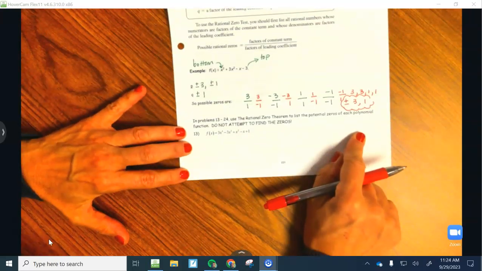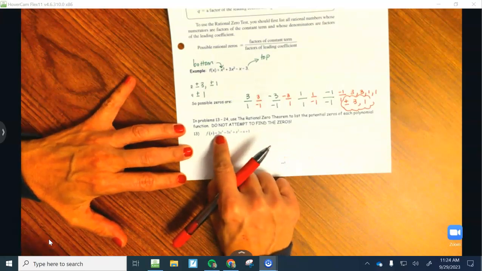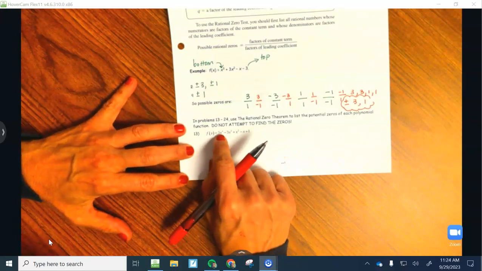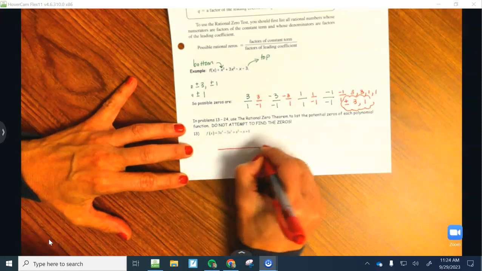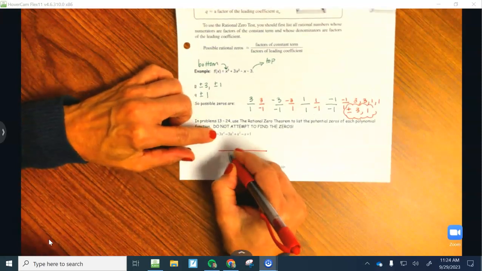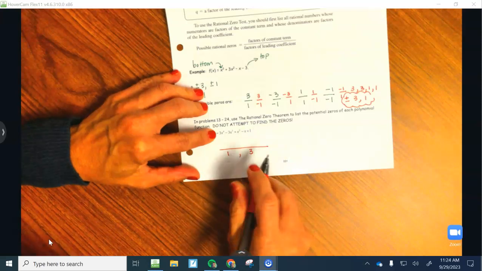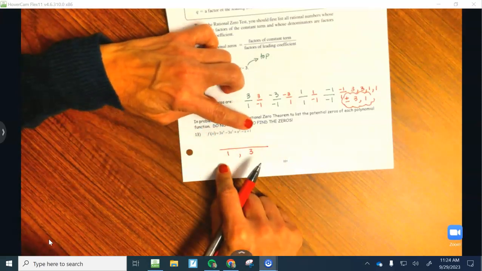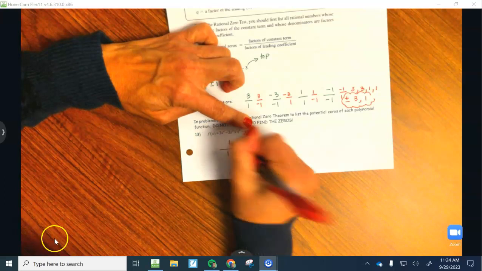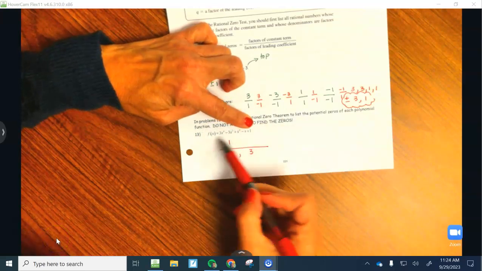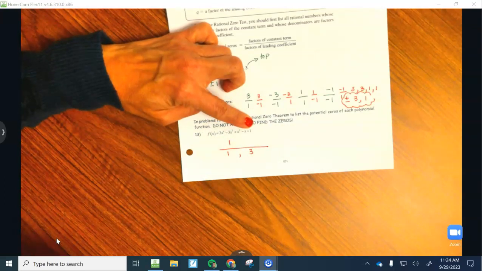Let's look at the bottom here. All right, so remember, it is the leading coefficient on the bottom. That's a 3. What are all the numbers that make a 3? A 1 and a 3. What are all the numbers that make a 1? A 1. So let's look at what we're dividing here. You can think of this as 2 separate things.